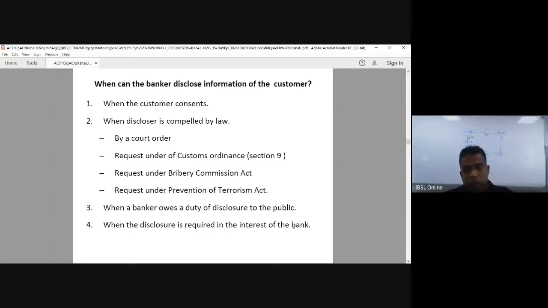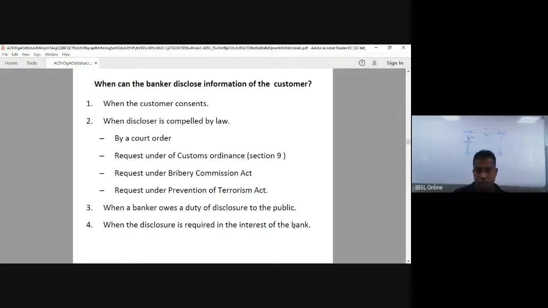Likewise, the law enforcement authorities can give a direction or an order to the bank requesting information of the customers. In a situation like that, the bank is obliged to provide that information.